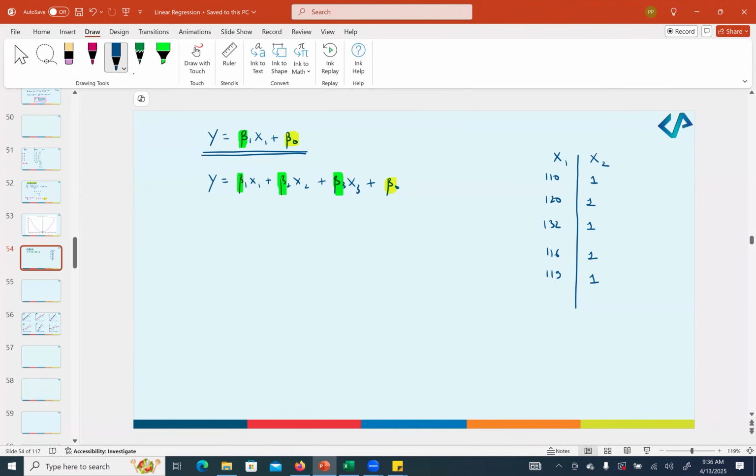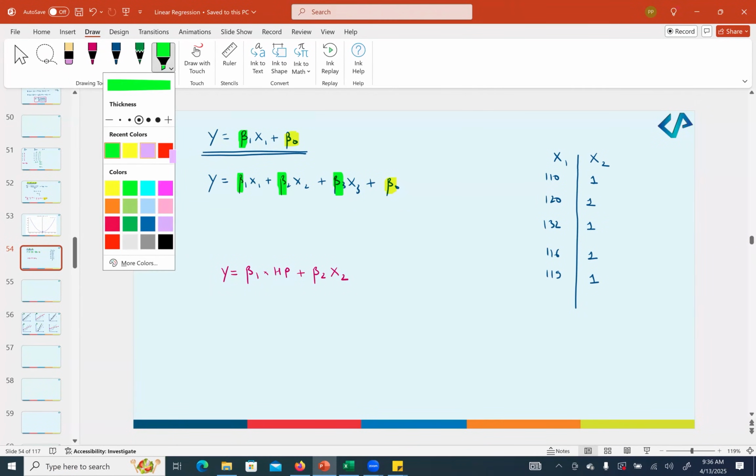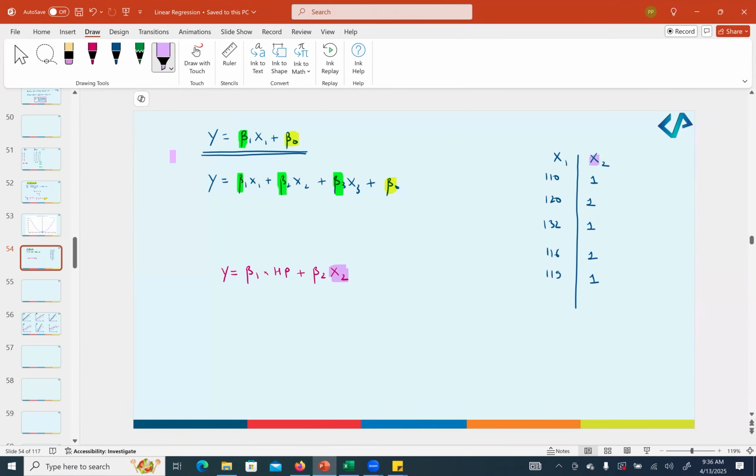It is just 1 everywhere. And then I'm using both of these variables for prediction. Now what is going to happen is I will get an equation which is y is equal to, let's say, some beta 1 into horsepower plus some beta 2 into x2, this variable, a constant, right?